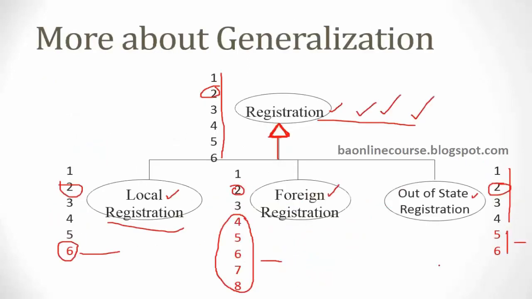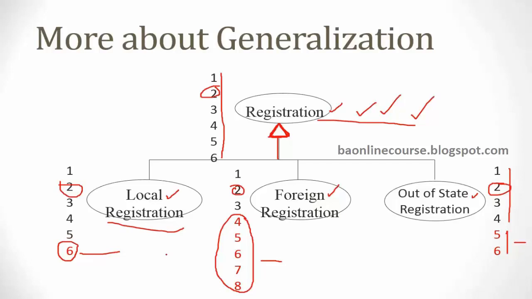Okay, and where a significant part of that is common, like a local registration, foreign registration, and out of state registration. Let's say they have 6 steps or 6 screens, and out of that, more or less, most of them are common. Right, so close to 4 or 5 of them are common. So why do you want to rewrite all those steps?